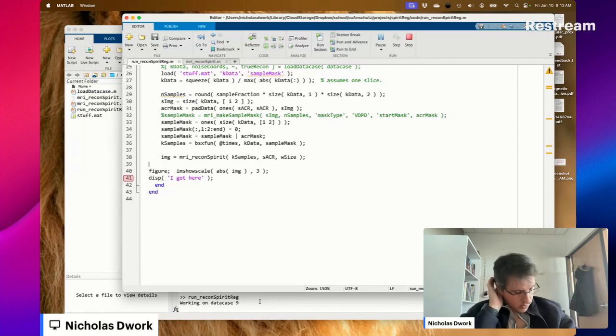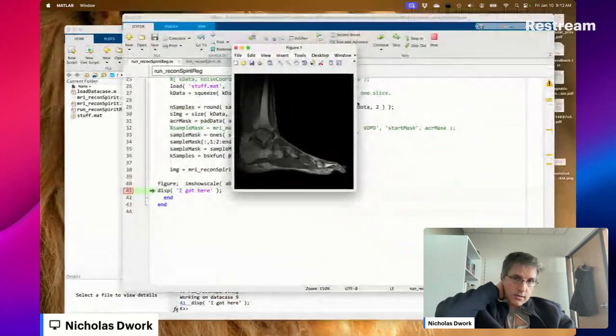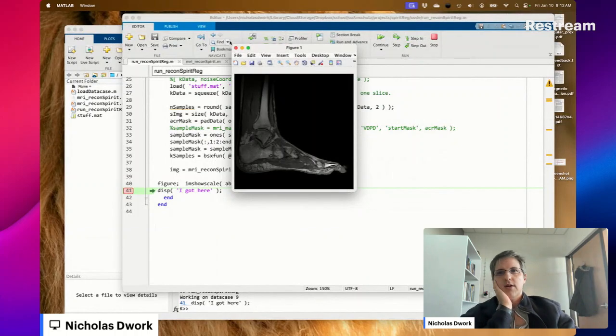Genuinely have no idea how SPIRiT was working yesterday. There was such a big bug in there. Okay, this is still working. Good.